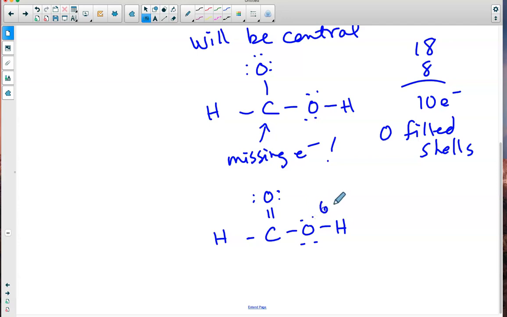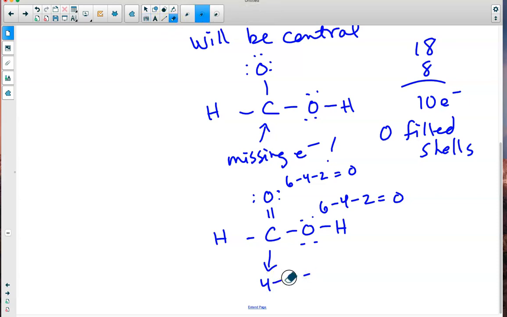This oxygen has 6 minus 4 minus 2, so it's got a 0. This oxygen also has 6 minus 4 minus 2, so it's 0. Carbon has 4 minus 4 minus 0, so it's also got a 0 formal charge. And of course the hydrogens are all 0. So this is the best structure we can draw.